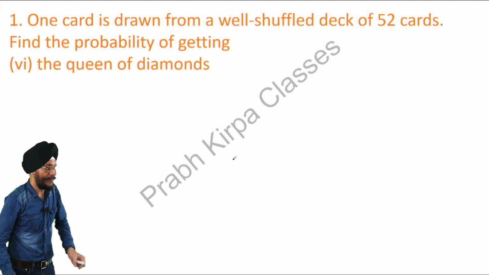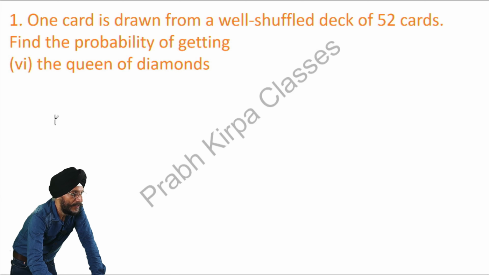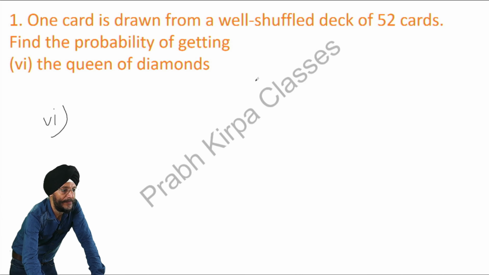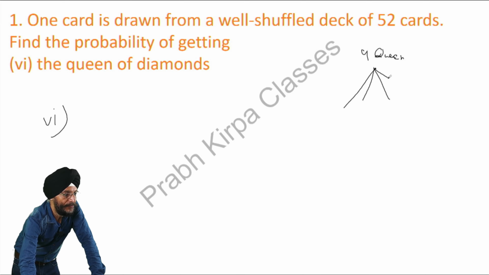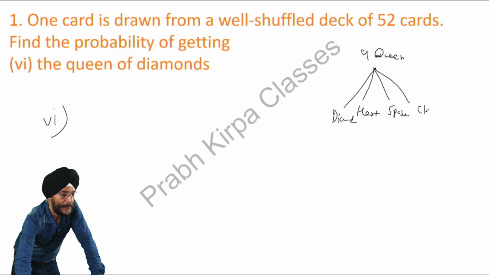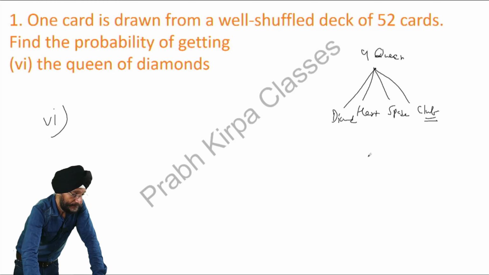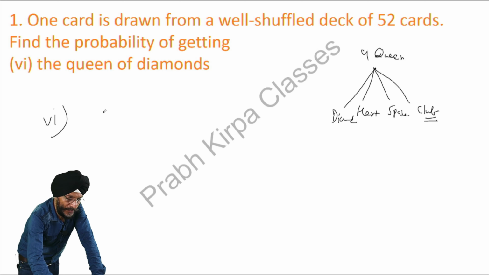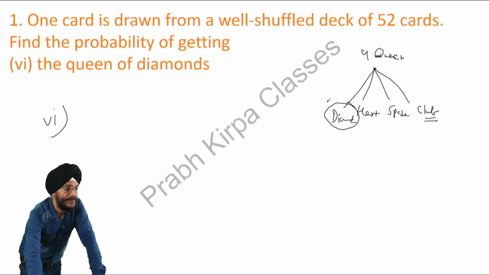Now we proceed further. Now we have to find out the queen of diamonds. We had learnt that queen cards are 4, out of which one is diamond, other is heart card, other is spade card, and the other is club card. So what is the queen of diamonds? You can see that there is only one card which is the queen of diamonds.